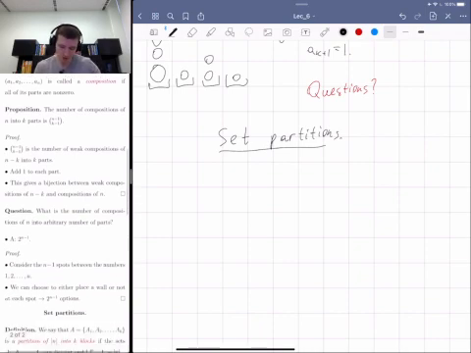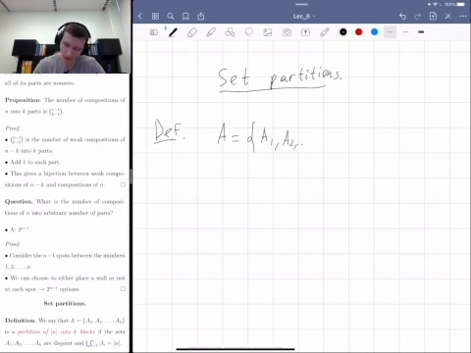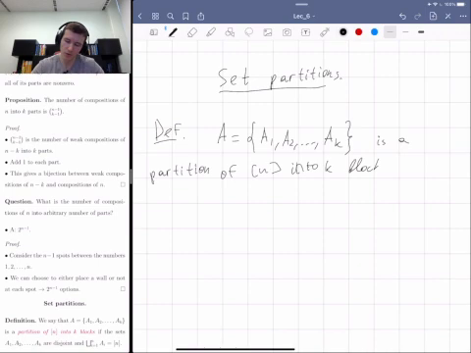So what is a set partition? Let's say you have a collection A1, A2, all the way up to AK. It's kind of like a composition or a weak composition, but it's labeled. We say that A is a partition of bracket n into k blocks. Each Ai now is not a number, but a subset of bracket n.